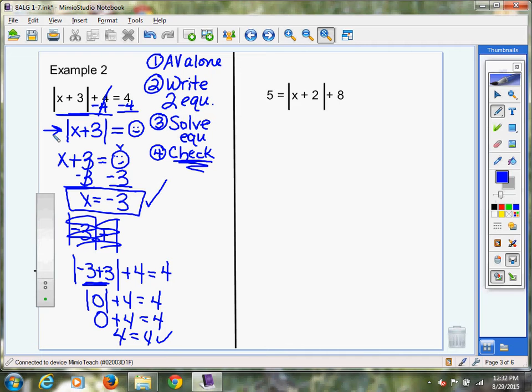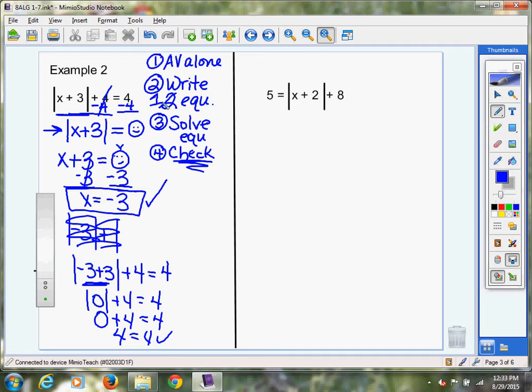So you're only going to have one equation, not two, when your absolute value is set equal to 0. You're going to solve your equation and, of course, check your answer. If your answer doesn't work, you don't have an answer. It would be a no solution.